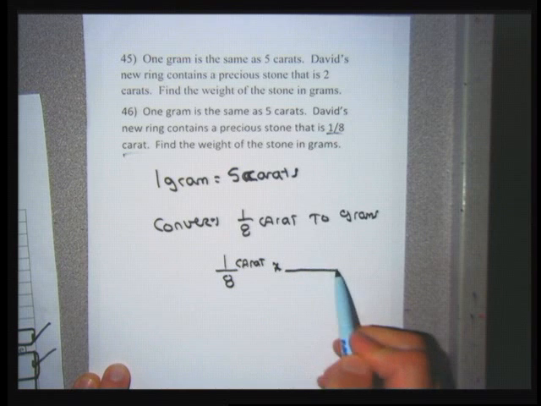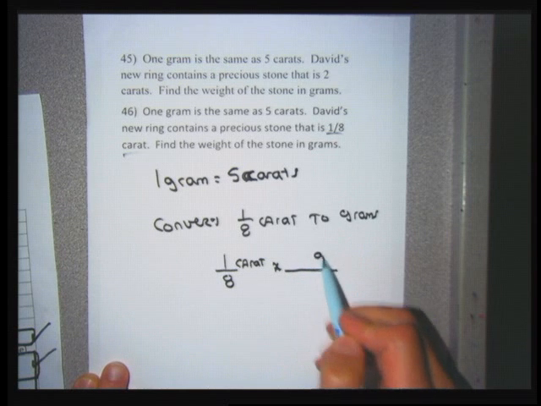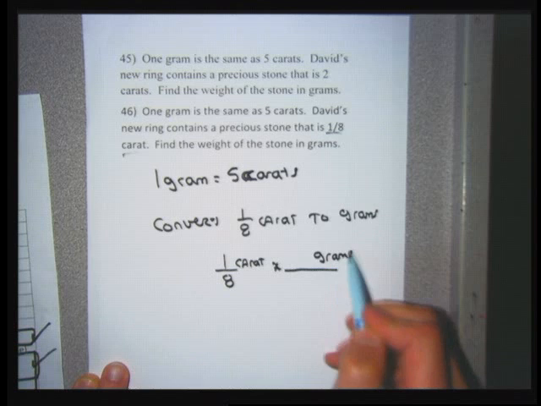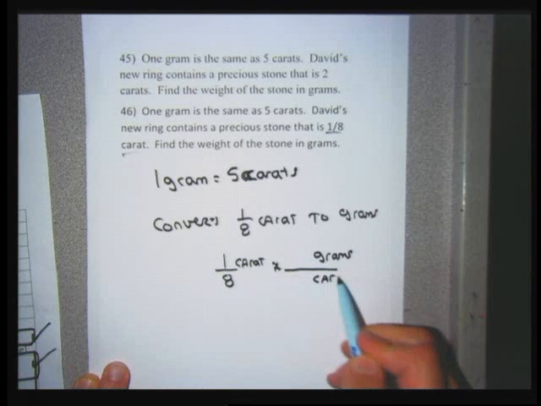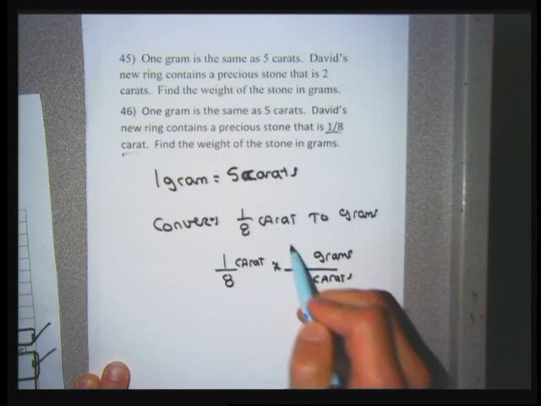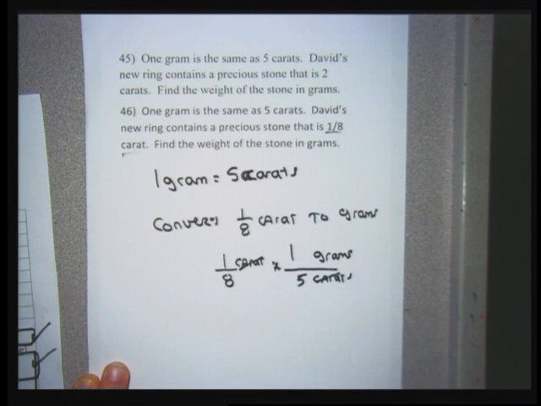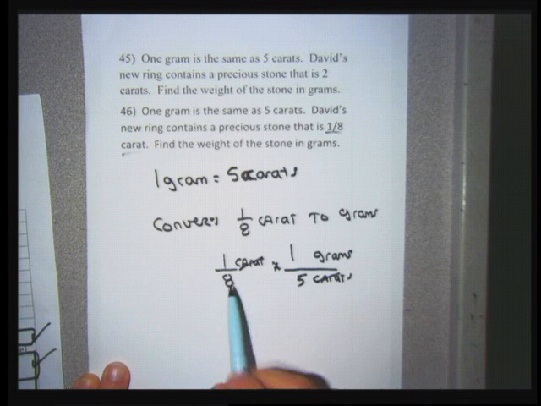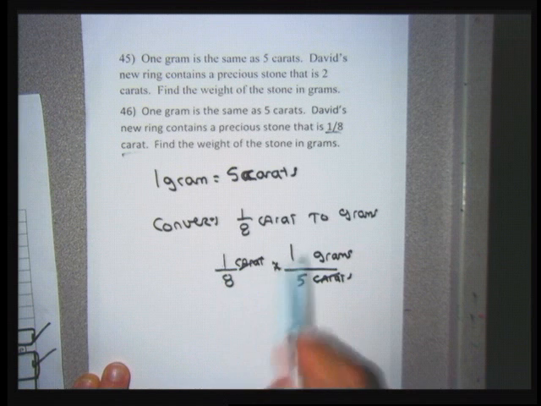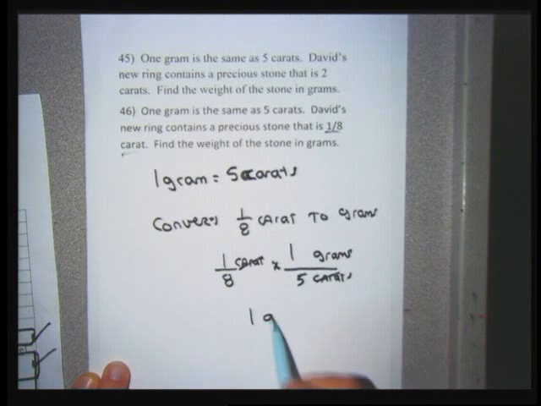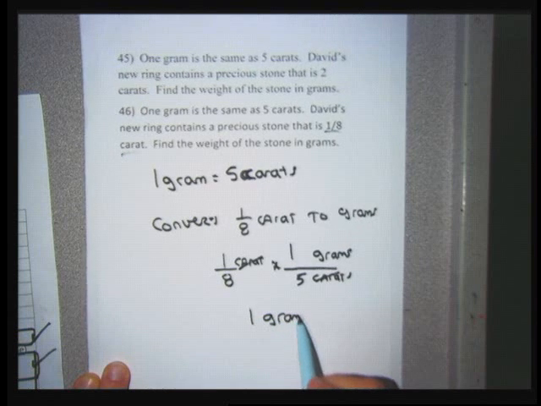I'm going to multiply by a fraction. I want to end up with grams, and I want to get rid of carats. So I have 1 gram is 5 carats. The carats will cancel. I can't write a fraction without a numerator. In the numerator I have 1 times 1, which is 1. The units are grams. And in the denominator I have an 8 times 5.